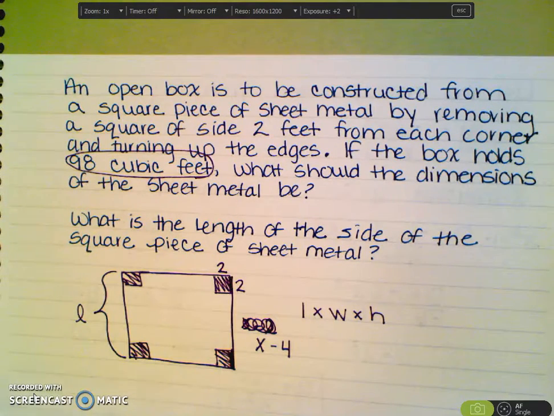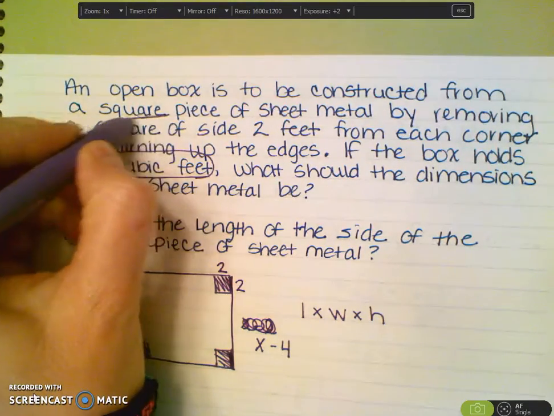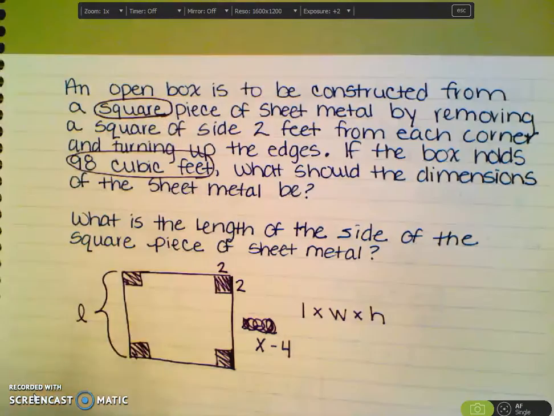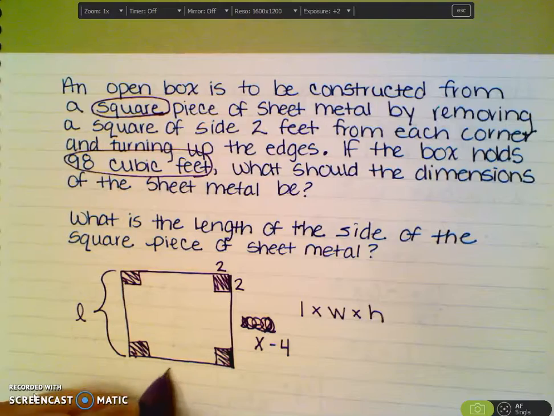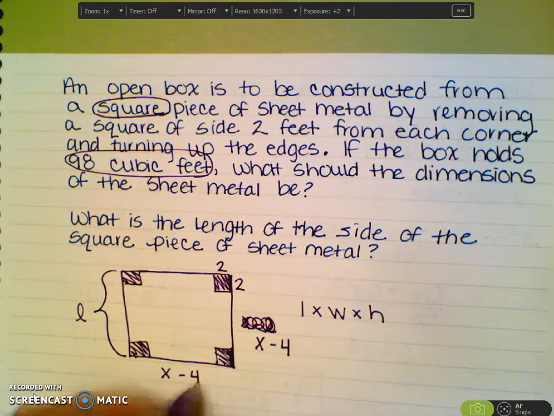And the other thing I have from this is that it's a square. So a square is length times width, and the length and width are the same. So this side would be x minus 4.